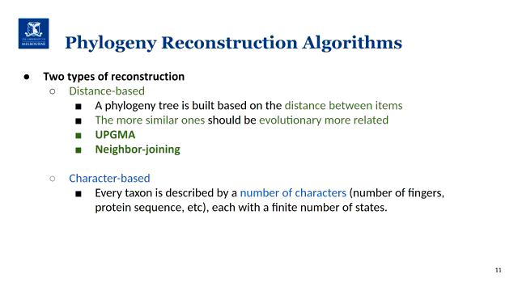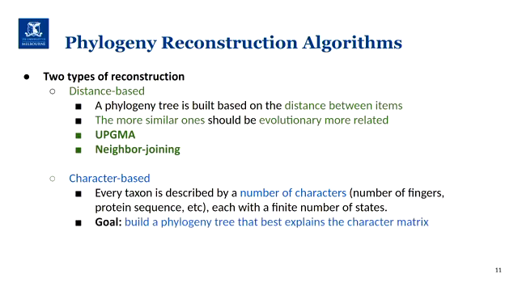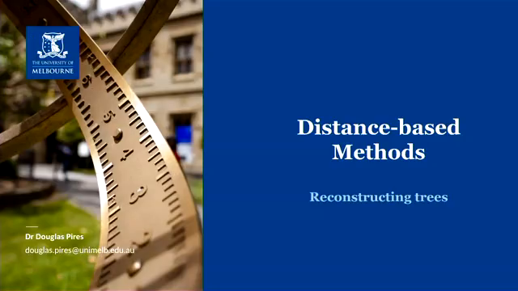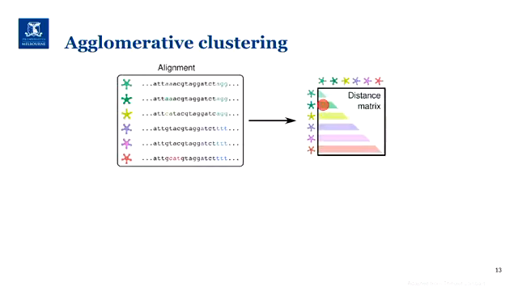In a protein sequence alignment, 20 potential ones. And the goal is to build a phylogenetic tree that best explains that character matrix. And of course, that involves optimizing an objective function, and the two main ones that we'll discuss on Friday are maximum parsimony and maximum likelihood.